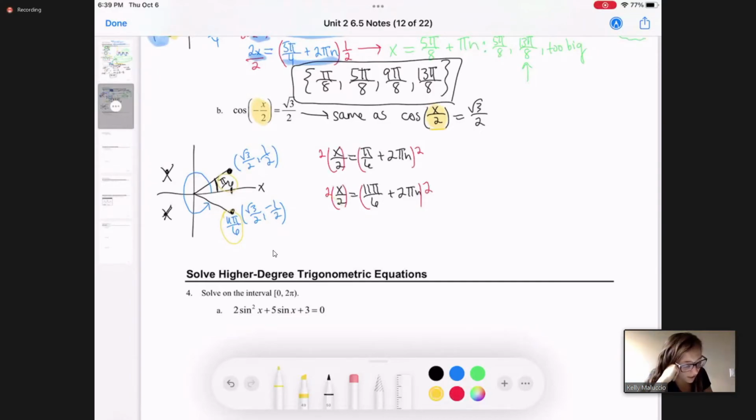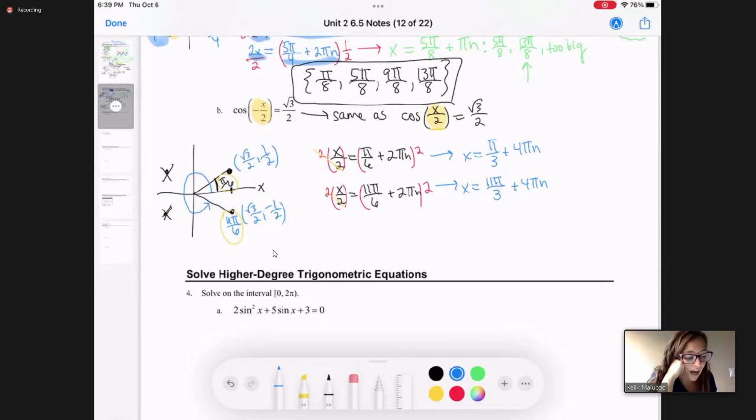These cancel and I'm left with x equals 2 pi over 6, which simplifies to pi over 3, plus 4 pi n. And this is equals 22 pi over 6, which simplifies to 11 pi over 3 plus 4 pi n. You don't need to simplify that one, and you'll see why, but I did.